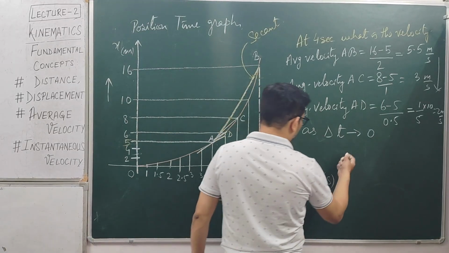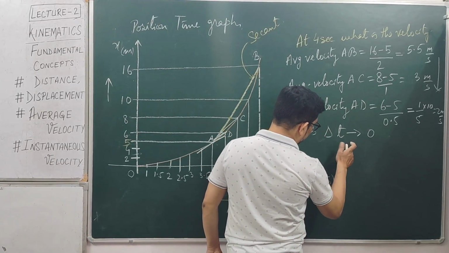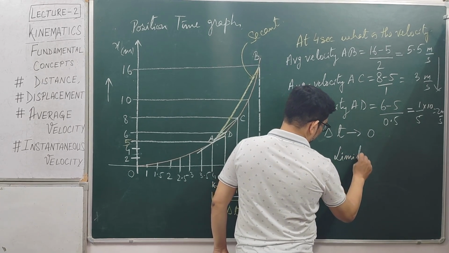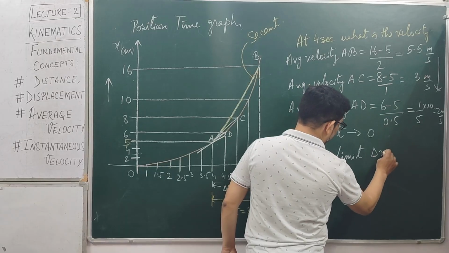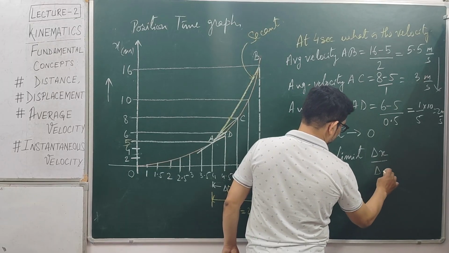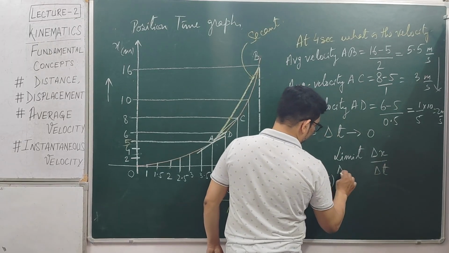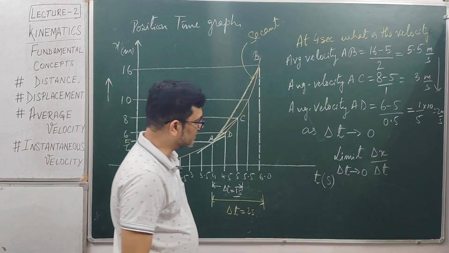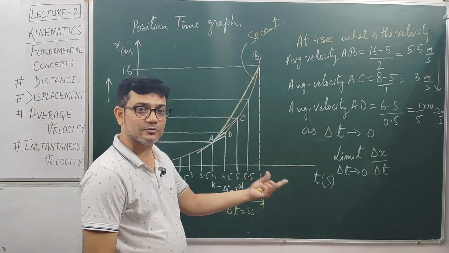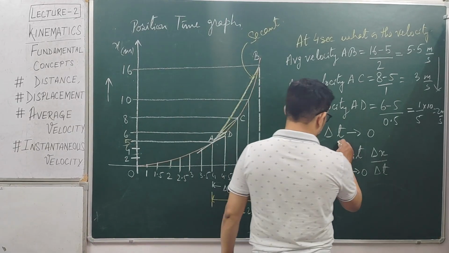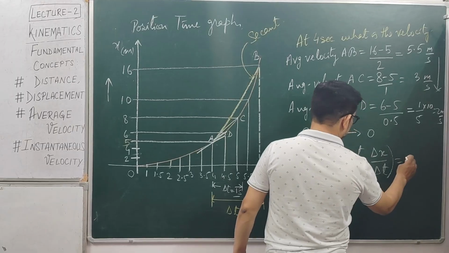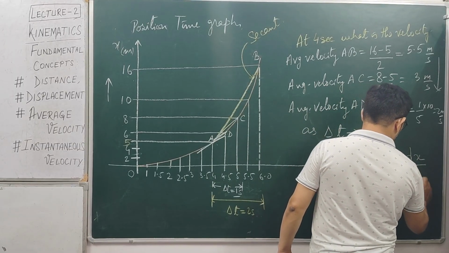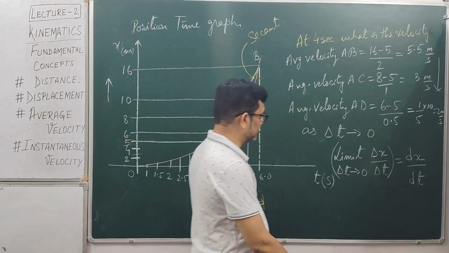So if you want to mathematically understand this, if you take the limit of the average velocity, where you shrink the time to 0, as the delta time t, the interval, approaches 0, this is what is instantaneous velocity, and this is what we call dx by dt.